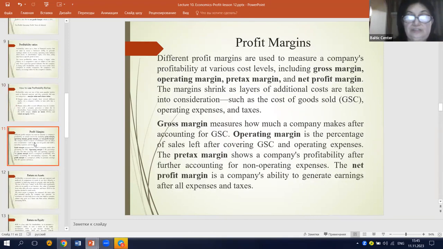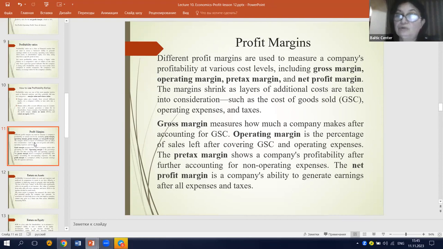Different profit margins are used to measure a company's profitability at various cost levels, including gross margin, operating margin, pre-tax margin, and net profit margin. As the margin moves down, a layer of additional costs is taken into consideration. Here we give the example of the cost of goods sold, operating expenses, and taxes.